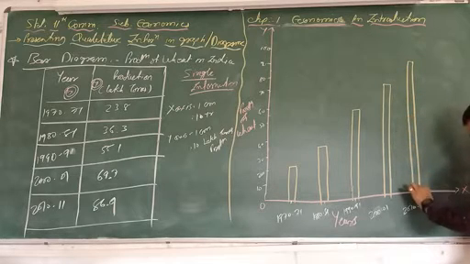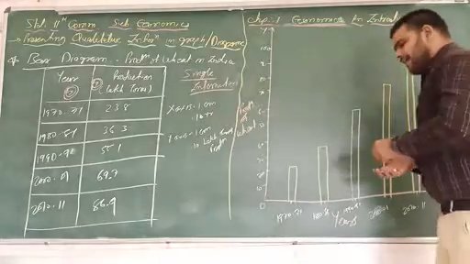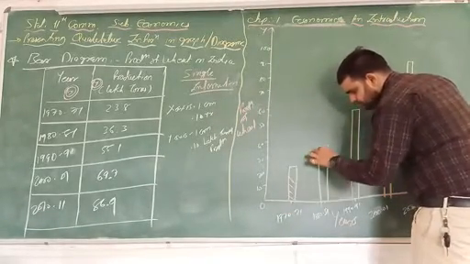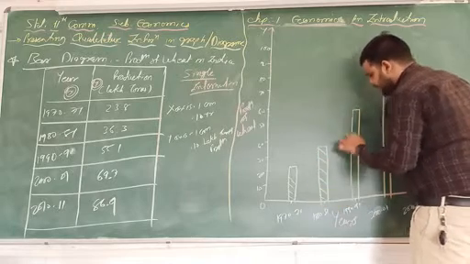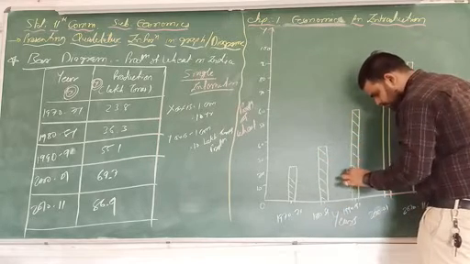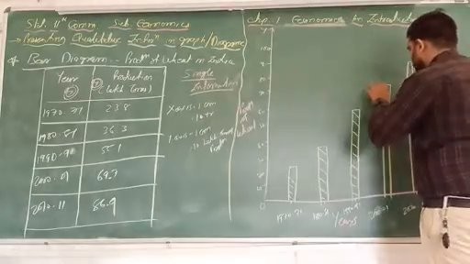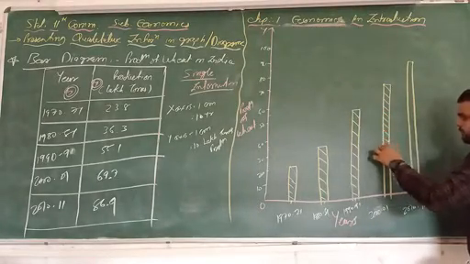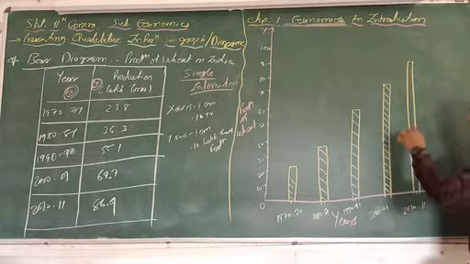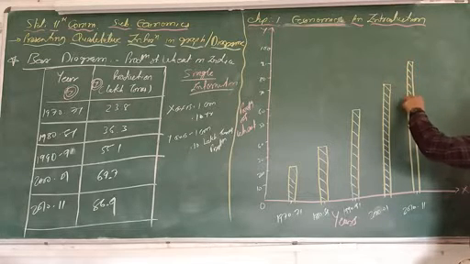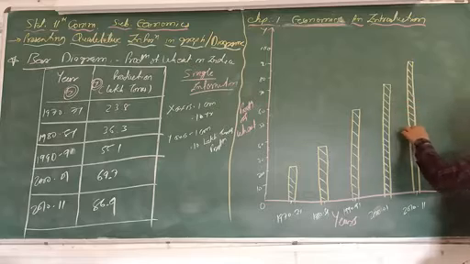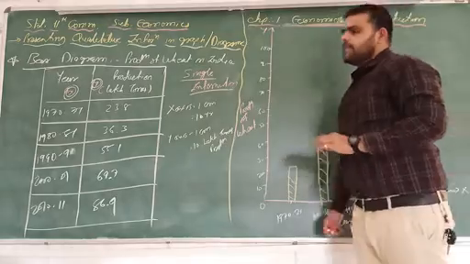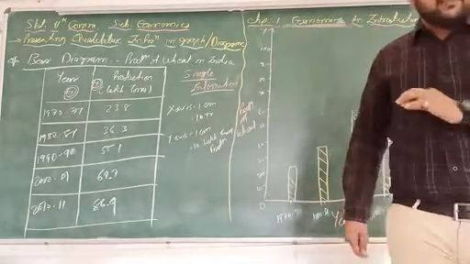Again, if you want, we can draw a line for decoration. And number 5. Fine. So this is called a bar diagram.